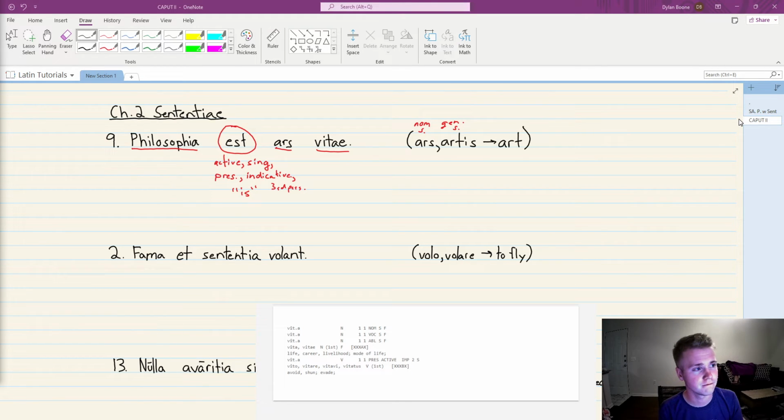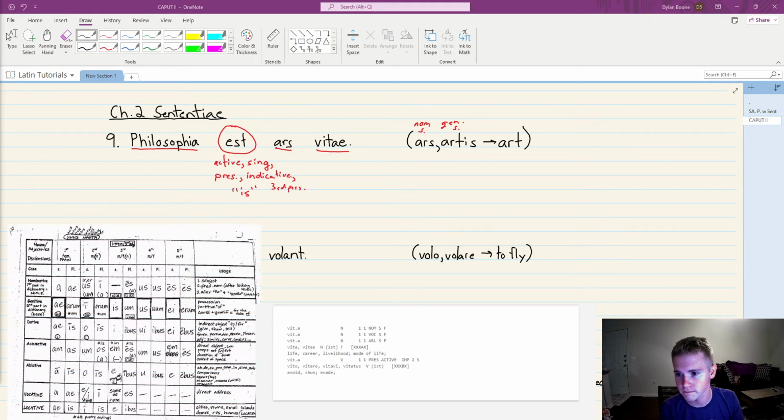So this is the point where you have to reference your declension chart. I'll pull it up here for you. Your declension chart should be on the screen now. We know what declension it is because we see that it's, or sorry, we're on vitae. We know it's vita, first declension.